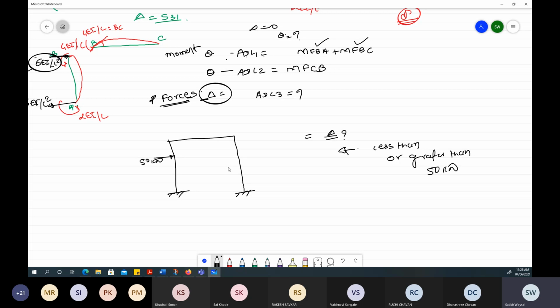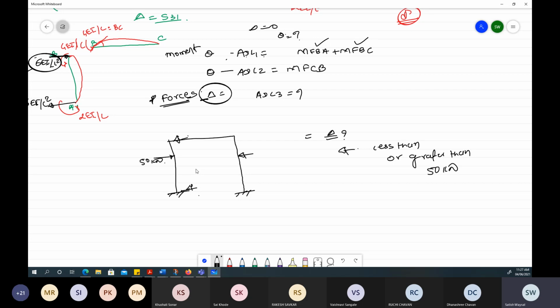Otherwise, what will happen? Suppose a 150 kilonewton load is over here, and this 50 kilonewton reaction is from both these structures. Suppose here it is 50 kilonewton, it is offering from this. So what will happen because of this? There will be no sway in the frame, but this will not be the case in the structures.